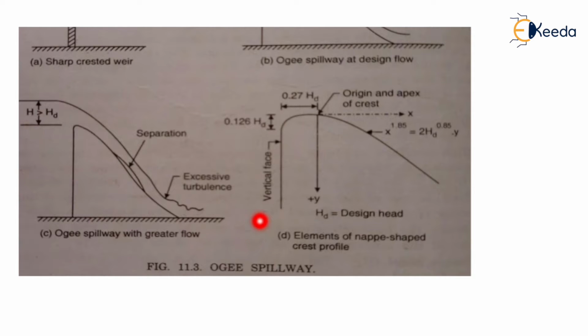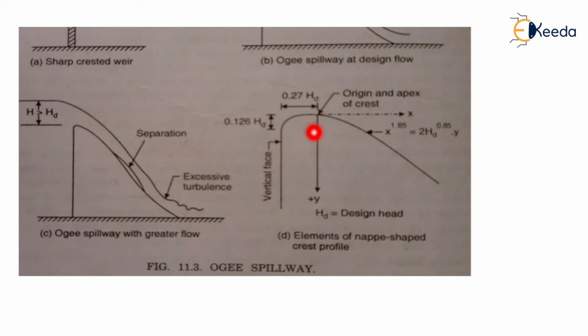Here you can see the vertical face is adopted, sharp crested, provided vertically. Among this is the upstream crest profile. The upstream crest profile will be designed based on one of the equations that we are going to study in the next slide.